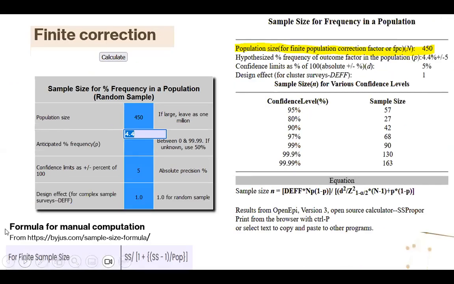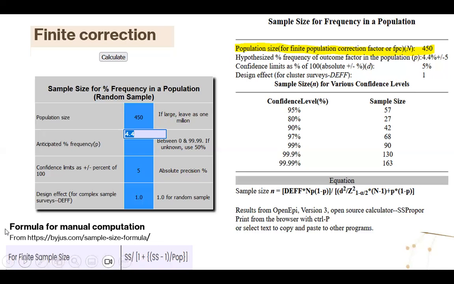So from the previous example, we got a sample size of 65. That was on the premise of a large population of 1 million. But let's say our population is finite and you know how many people there are exactly in the group that you want to study. So let's say there's just 450 of them. So when you input your values, you put your population size 450, the anticipated frequency is still the 4.4 from the study found in the literature, and then calculate, and you find here that the sample size changes.